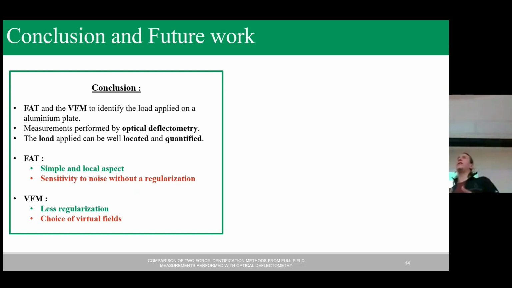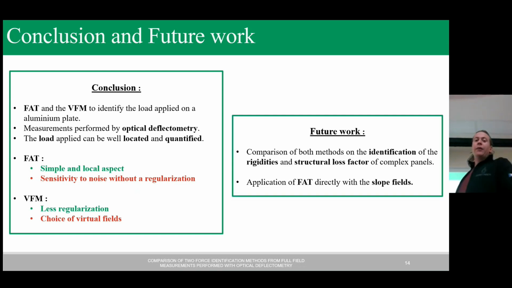On the other hand, VFM requires less regularization, but the choice of virtual fields can bring some issues if you make a wrong choice. Some future work that can be done is to compare both methods in the identification of bending rigidity and structural loss factor on a complex panel.